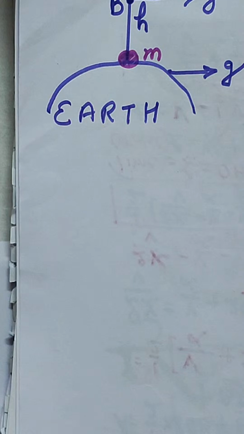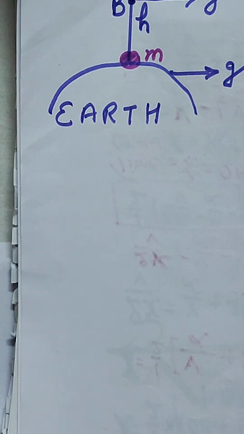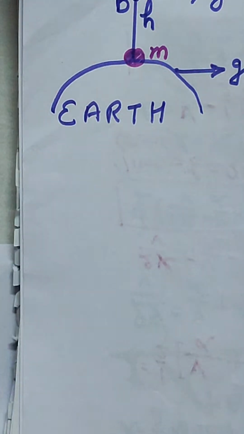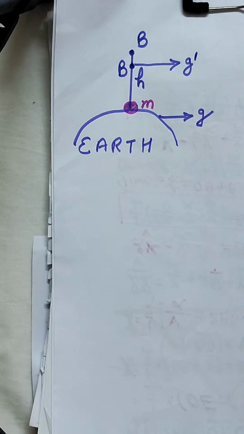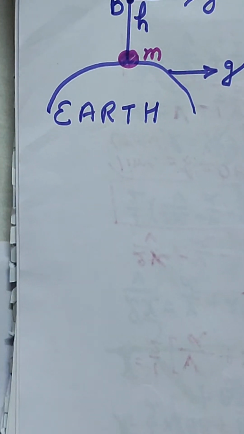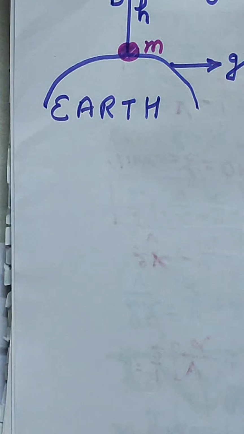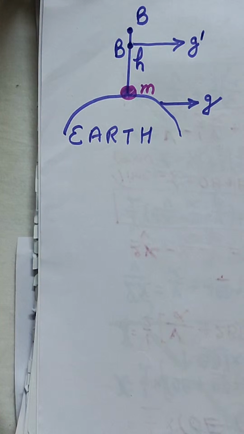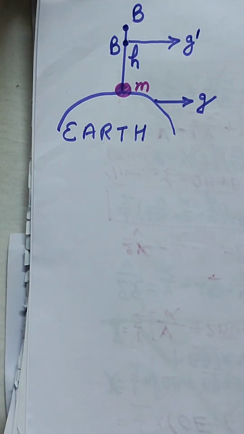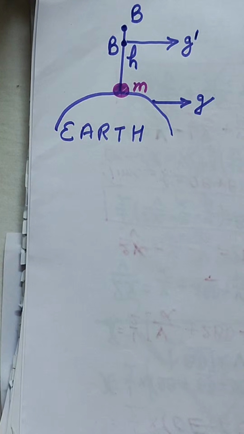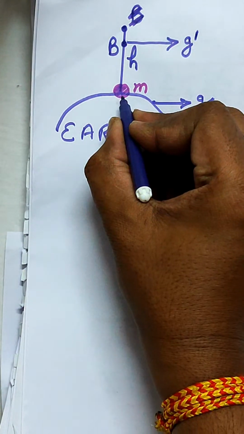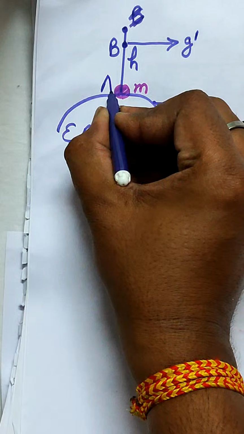If this is lying over here, the body is initially at this point A, right?